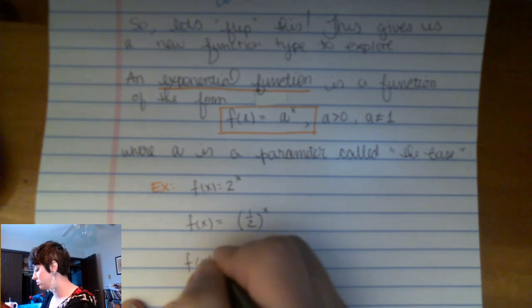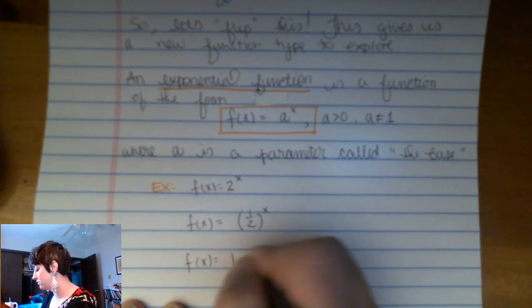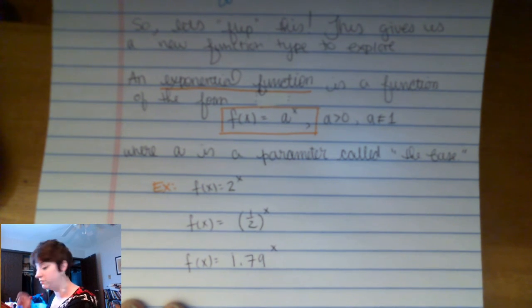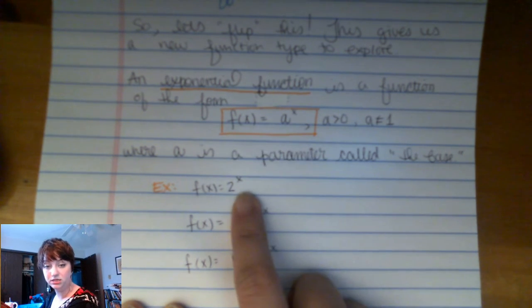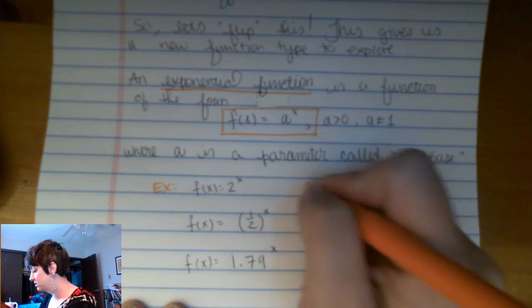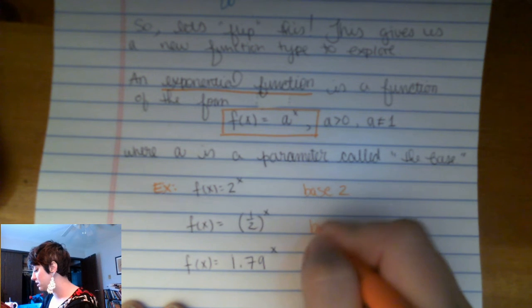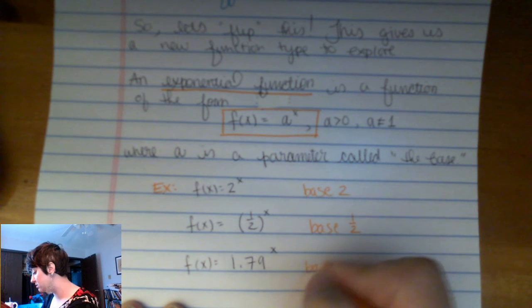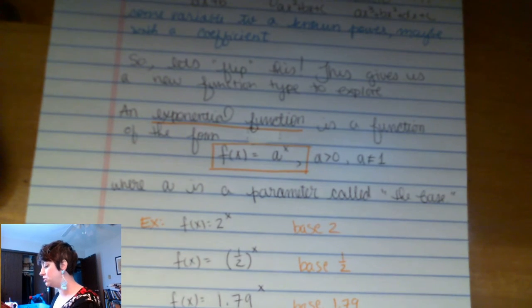Let's do, I don't know, 1.79 to the x. All right, so all of these are exponential functions. The base is the a, that constant. So in this case, 2 to the x is base 2. The second one is base 1/2. And the third one is base 1.79.